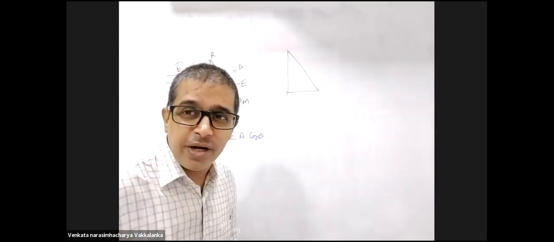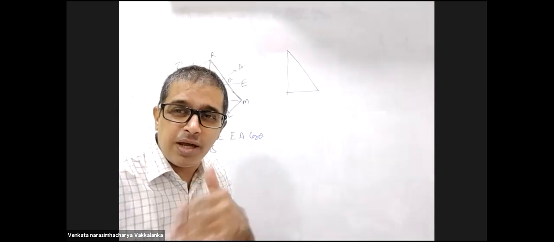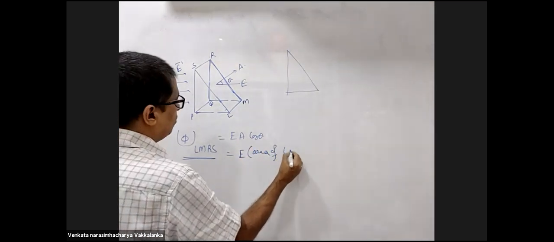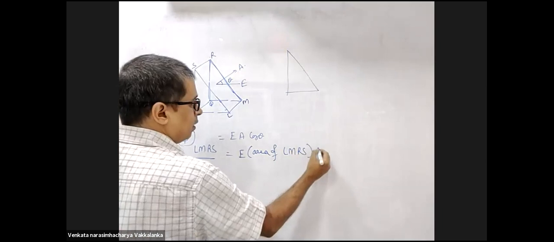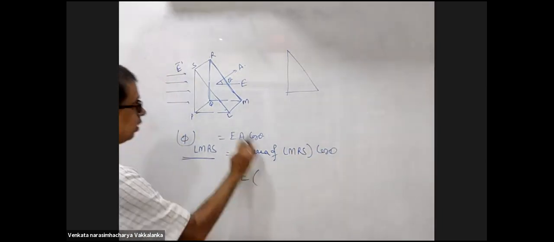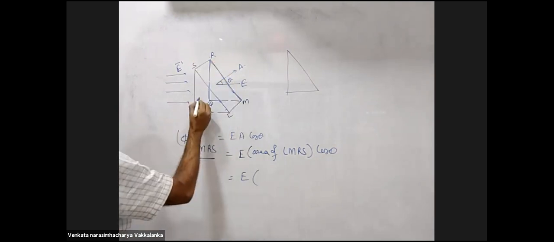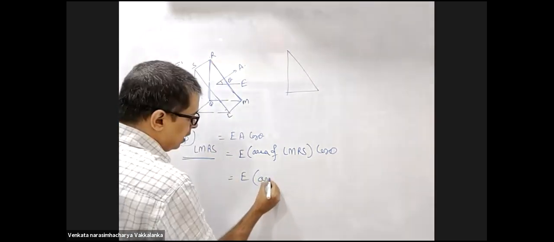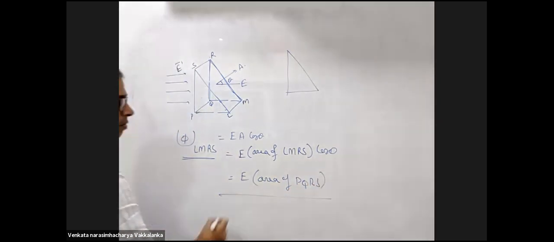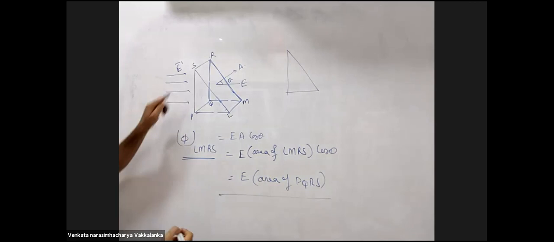Dot product of A dot B: either you can resolve B along A or A along B. So, this will be E into area of LMRS into cos theta, which could as well be E into area of PQRS. Are you able to visualize that?